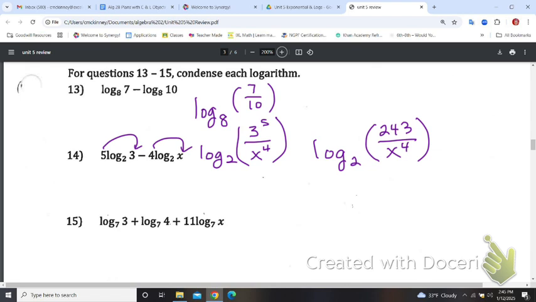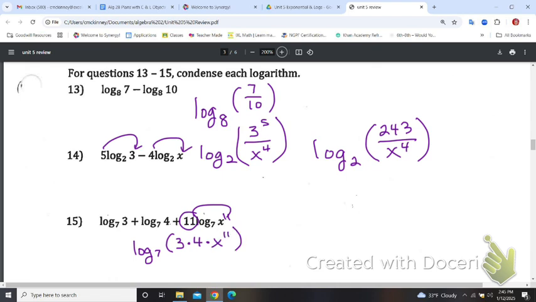And then down here we have a series of things, and they are all addition. So addition goes with multiplication. So we're condensing. And this guy, my exponent, is going to jump on here. So I have 3 times 4 times x to the 11th.